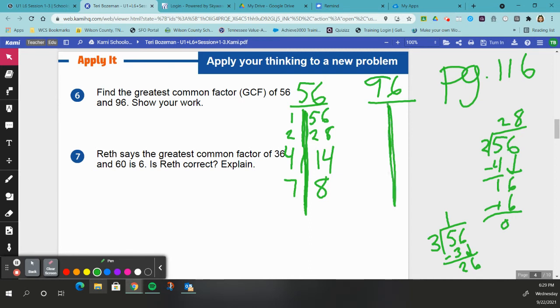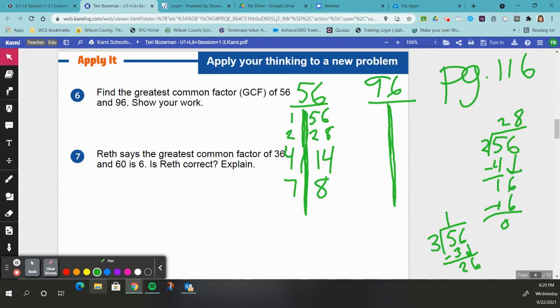So when we're looking at our factors of 96, we want to start with 1, just like we did before. And 1 times 96 will give us 96.